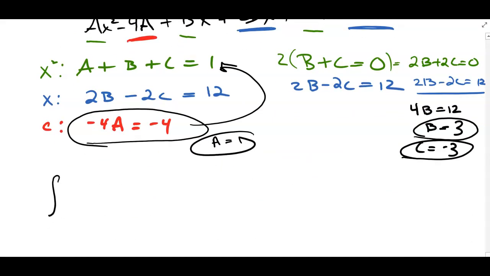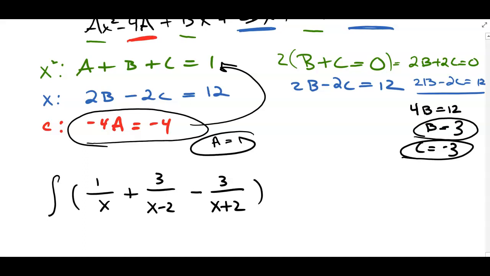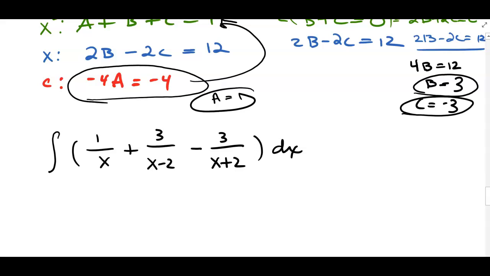Breaking up those fractions is going to give us a is 1, so it's 1 over x. b is 3, so 3 over x minus 2. Minus, because that c is a negative value, minus 3 over x plus 2. And then you go ahead and integrate. I'm going to skip all the integration steps.